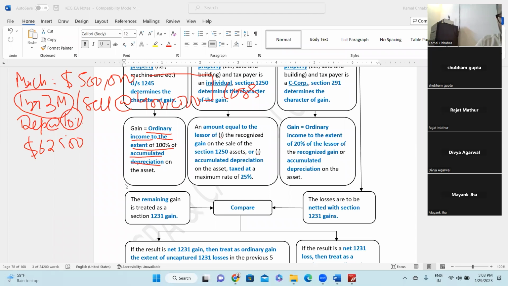Another example, we'll continue this. Let's assume $600,000. In that case, you have a gain. How much is your gain?